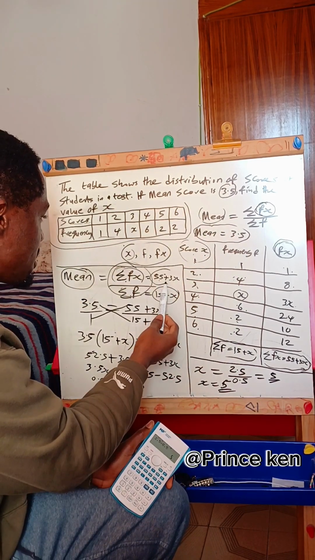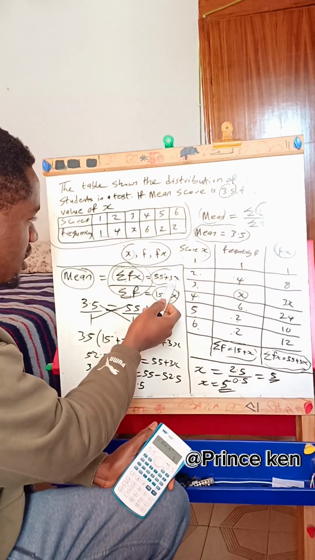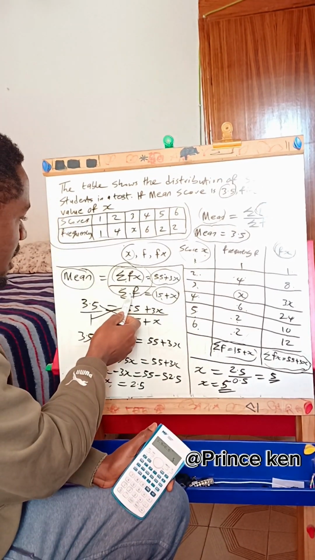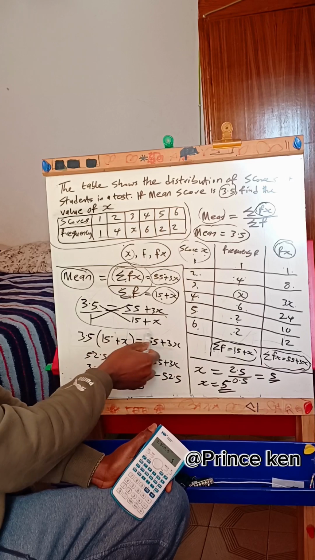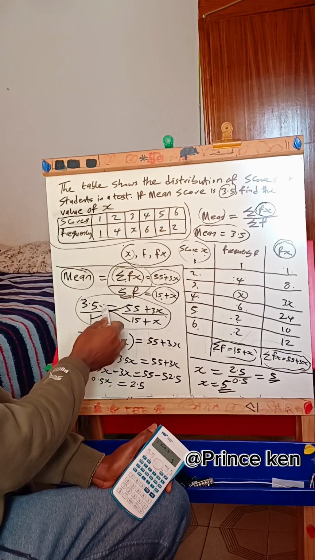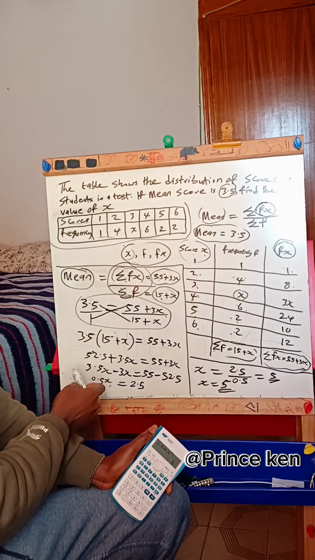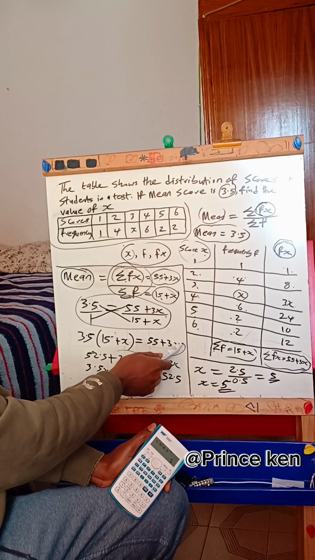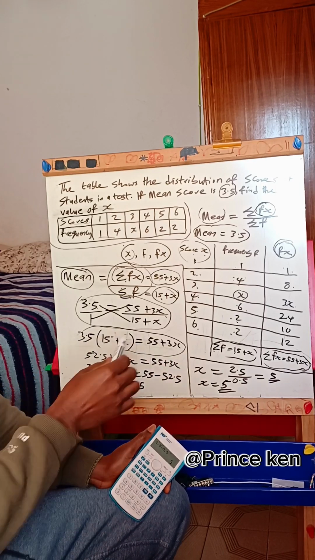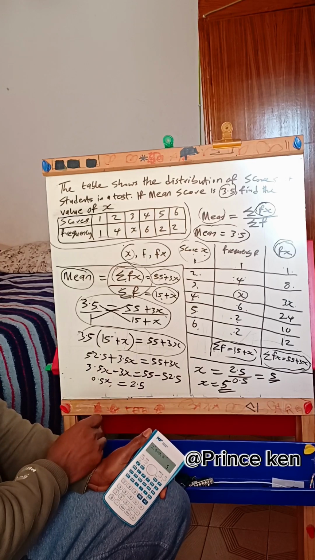Then you have to replace summation of fs with this value and summation of f with this value. Then it will give you this. Now you have to do what we call cross and multiply. When you cross and multiply, you get this. Then you have to collect the like terms.